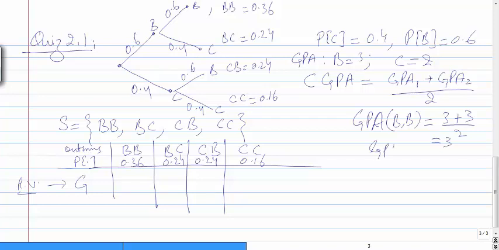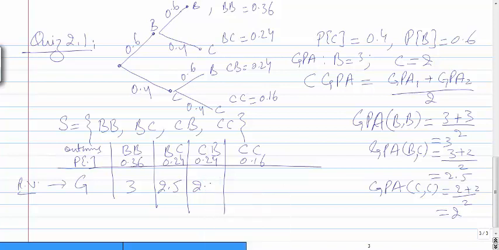If you give GPA BC, it does 3 plus 2 divided by 2, which is 2.5. Similarly, if you give CC, it does 2 plus 2 divided by 2, which is 2. So BB is 3, BC is 2.5, CB is again 2.5, and CC is 2. This is the way you can write the random variables.